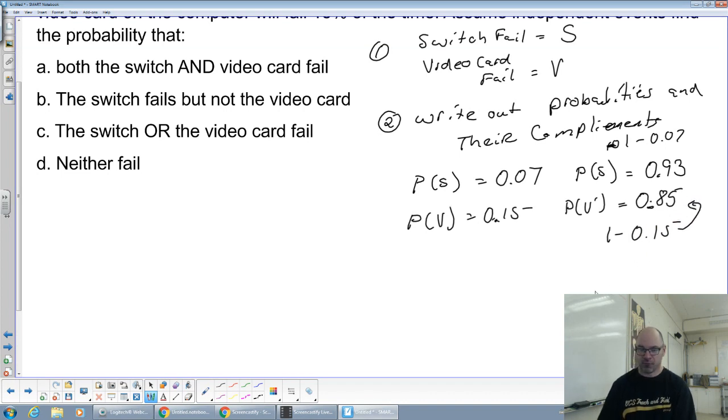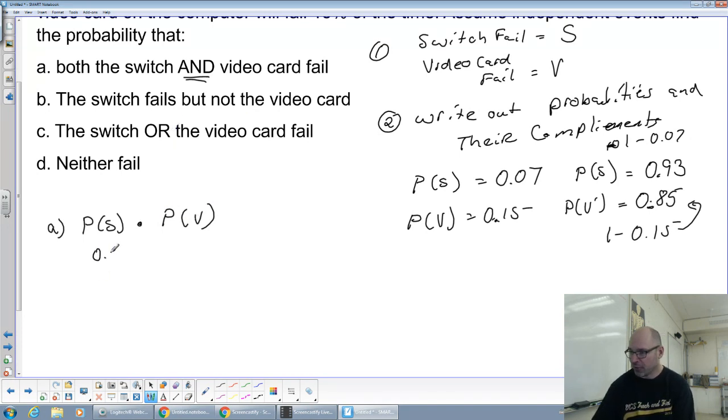So once we've done that, now what we do is we use the independent event and formula, or the or formula, depending on which one we're using. So now we're going to solve each. Okay, so we want the probability of the switch and the probability of the video card. There's no or in there, so we don't have to do any subtracting.